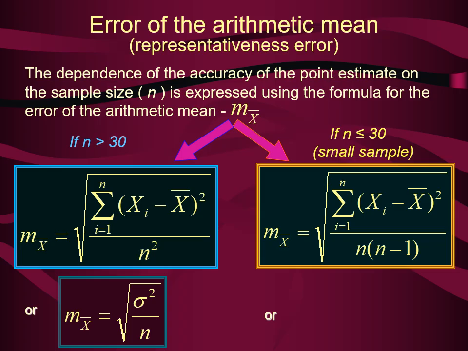Most often, doctors use the formula indicated by the yellow frame, the so-called arithmetic mean error for small samples. In other words, circle this formula thicker and remember it.